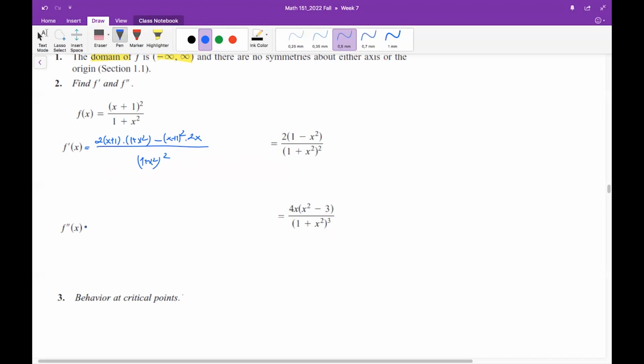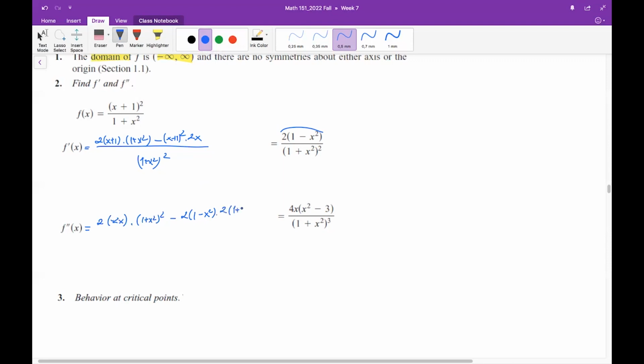Let's compute the second derivative then. This is the function now. Derivative of this numerator function is -2x, right? And then times the second function, the denominator, minus this function staying the same times the derivative of the denominator function, right?